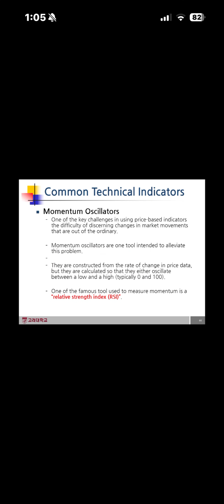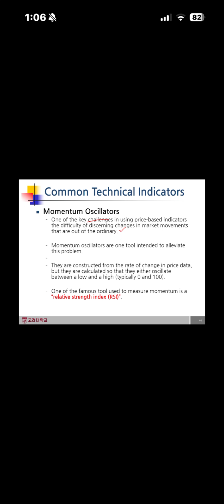So far, we have discussed several price-based indicators such as moving average and the Bollinger Bands. However, one challenge when using price-based indicators is that it can sometimes be difficult to determine whether a price movement is truly unusual or simply part of normal fluctuations.